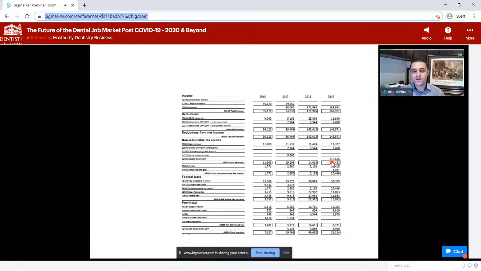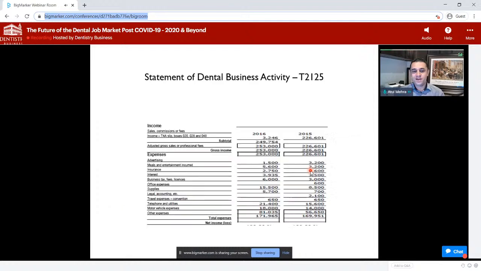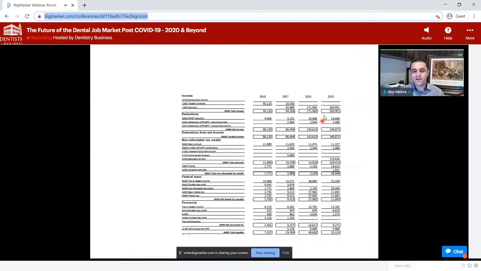The $115,626 that was available to them, they used it on their 2015 return, and it reduced their tax burden quite significantly. They still had to pay $25,000 in tax, and they also made an RRSP contribution of $18,000, but it reduced their tax down to about $25,000.